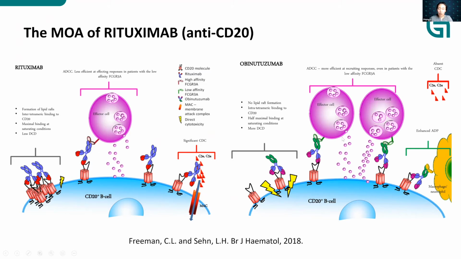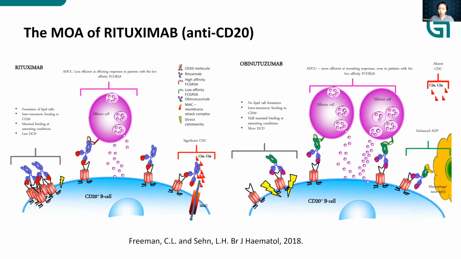So what drug development effort did is that they modified the Fc portion of rituximab to develop a new antibody called obinutuzumab. This is basically an enhancement of the Fc portion, binding to the low affinity Fc gamma receptor 3A on the NK cell or the effector cell. Because of this enhanced binding and engagement of the effector cell, for these patients this antibody has been much more effective than the original rituximab in clinical settings.